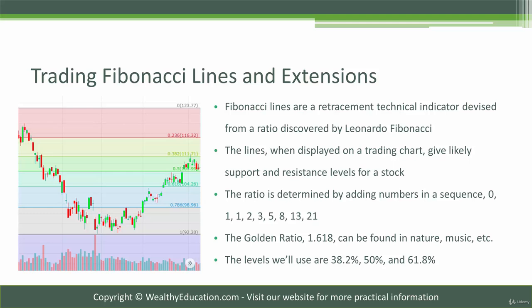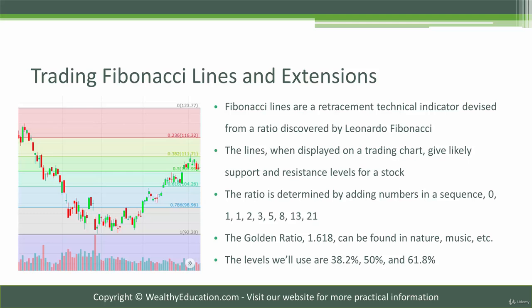If you look to the diagram on the left, we'll draw our Fibonacci lines by using a low point, which was labeled A, and then a high point, which is labeled B. This first move in the stock is called an impulse wave. We'll be talking about waves in this video and our next video on Elliott waves. But the move from A to B is an impulse wave, or a move up. The move from B to C is a corrective wave.